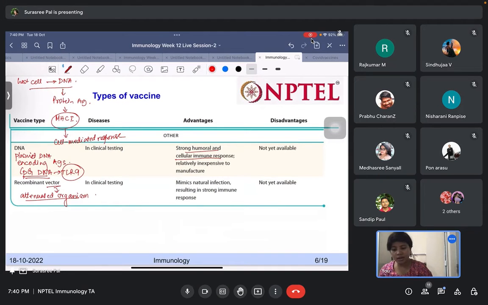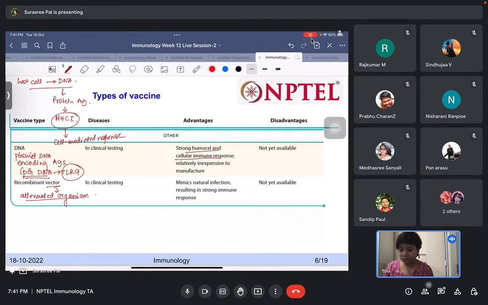So if the foreign gene product expressed by the vaccinia virus is, for example, a viral envelope protein, then this envelope protein will be inserted into the membrane of the host, and therefore it can also induce a cell mediated response, right? So not only humoral response, but it can generate cell mediated response as well.